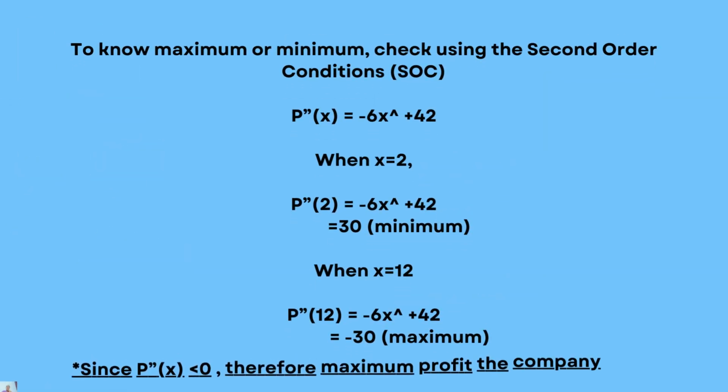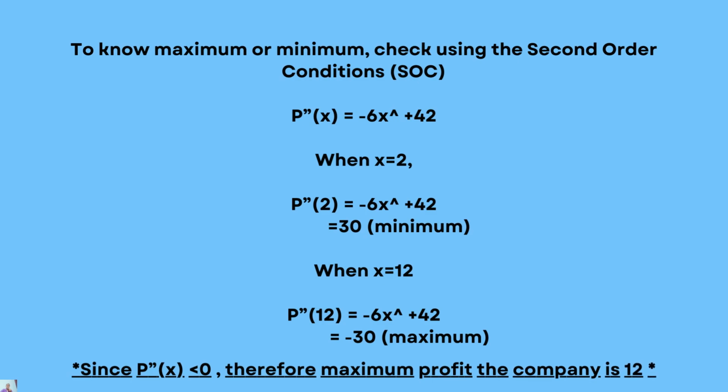To know whether it is a maximum or minimum, check using the second order condition. We use the second derivative equation. When x equals 2, we get the answer 30, which is a minimum. When x is equal to 12, we get negative 30, which is a maximum.